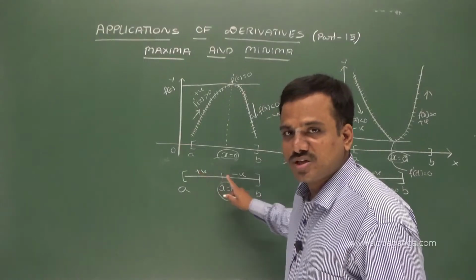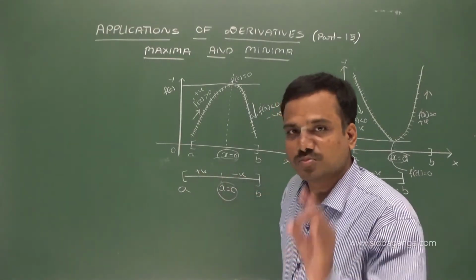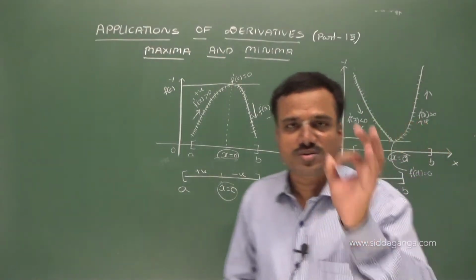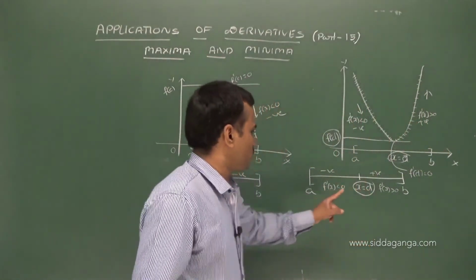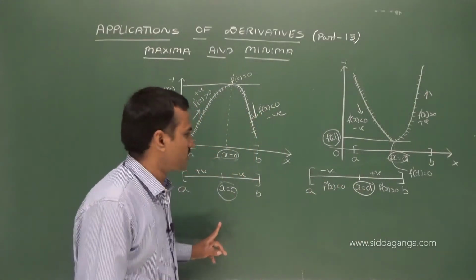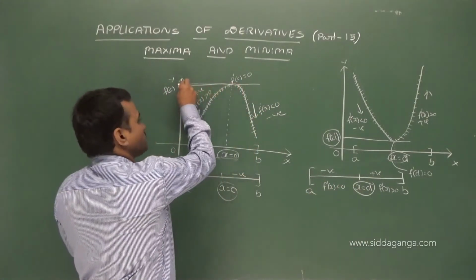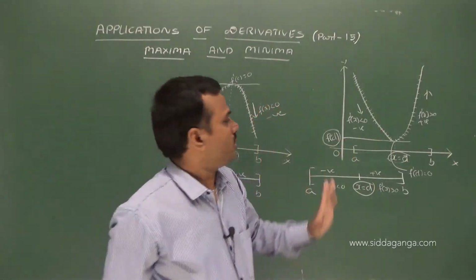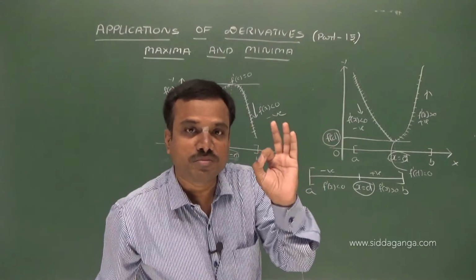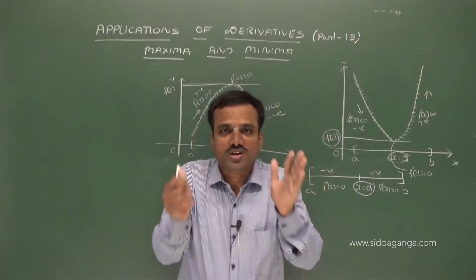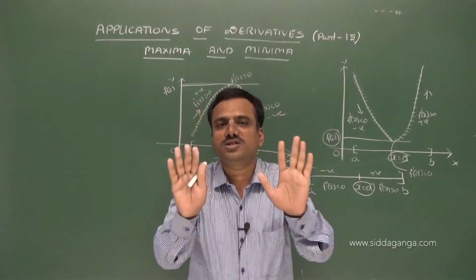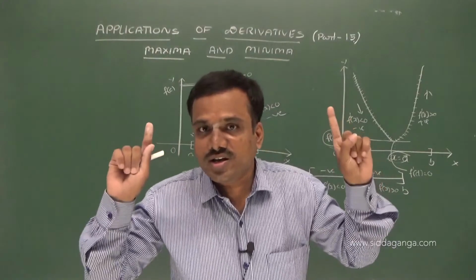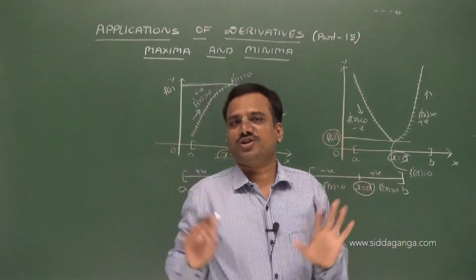If positive then negative, this point is the point of maxima, and if negative then positive, it is the point of minima. F of C is the maximum value, and f of D is the minimum value.